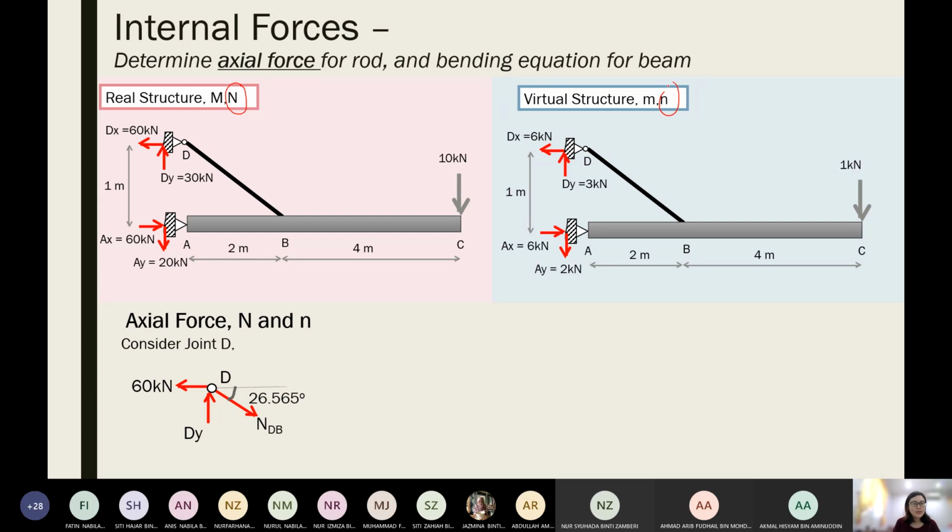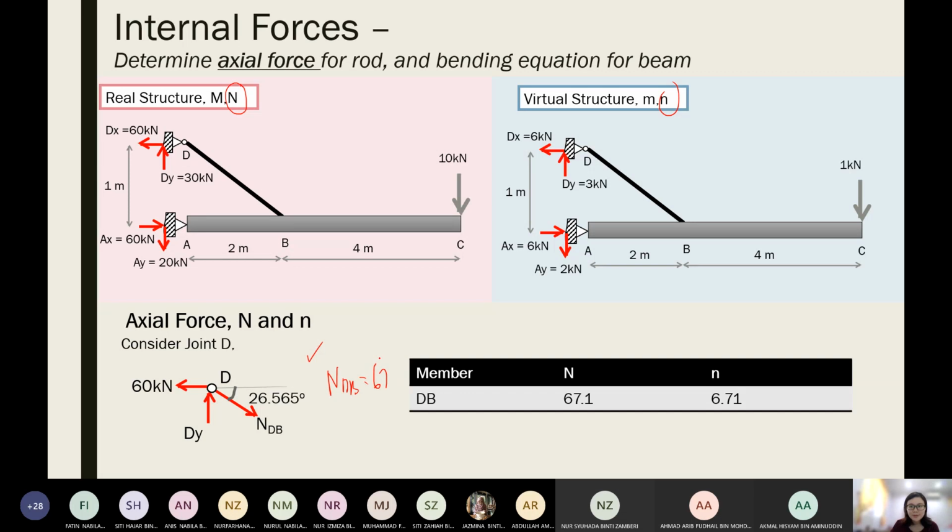Here, I think we already solved for the n, right? Just now you solved for joint D. The n DB you obtained just now is 67. Let me check. Yeah, 67. Using a similar action, you can solve for the small n.